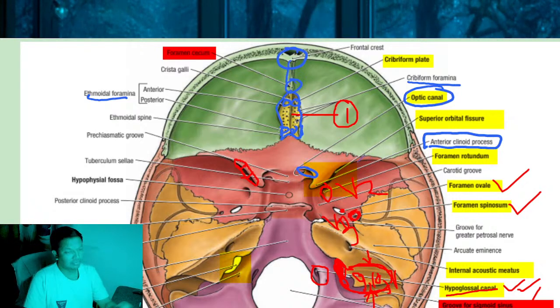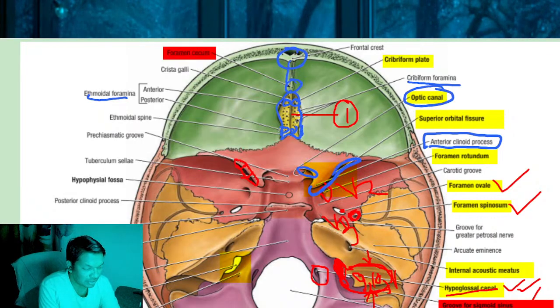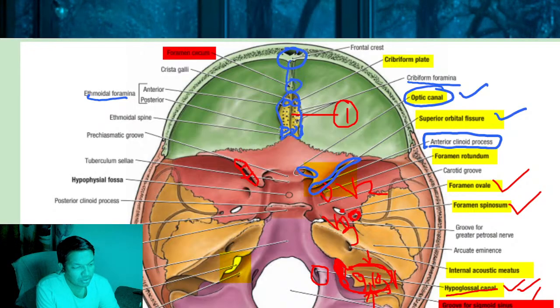Just below the anterior clinoid process there is a big fissure, a big opening. This is the superior orbital fissure.